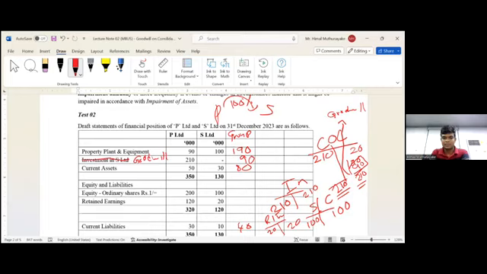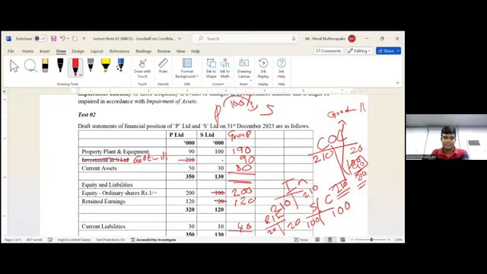So now the 210 account is gone, the 100 is gone, the 120 is gone. If I balance these numbers, how much? 360.